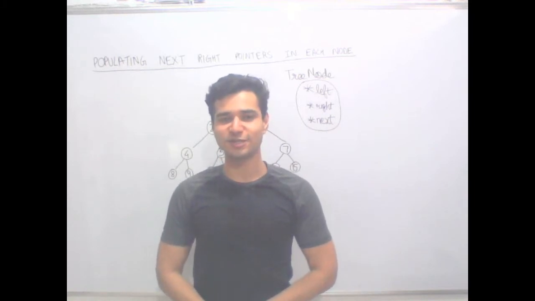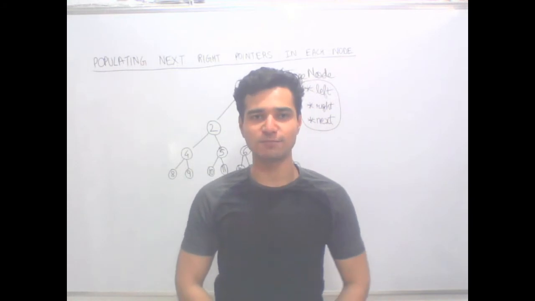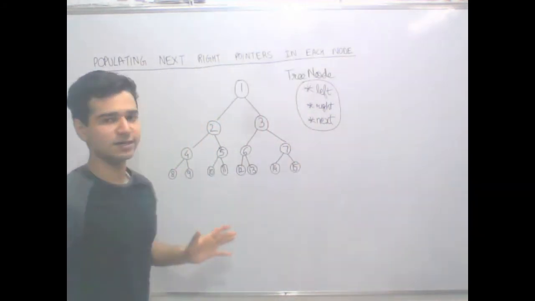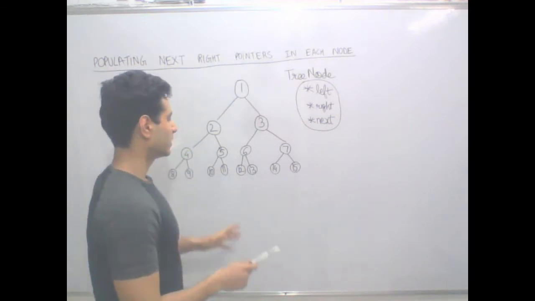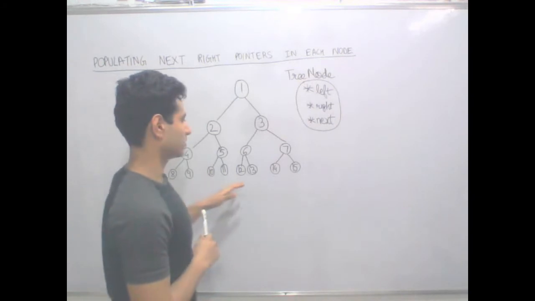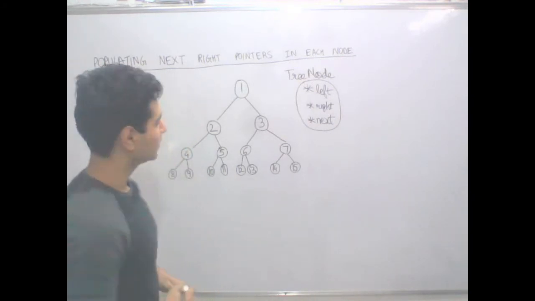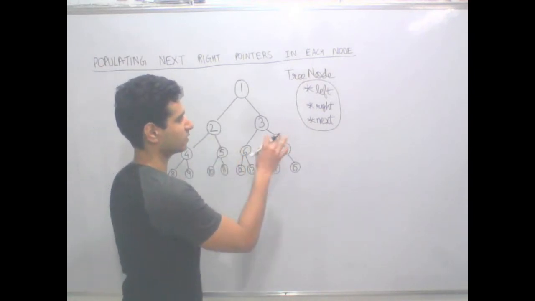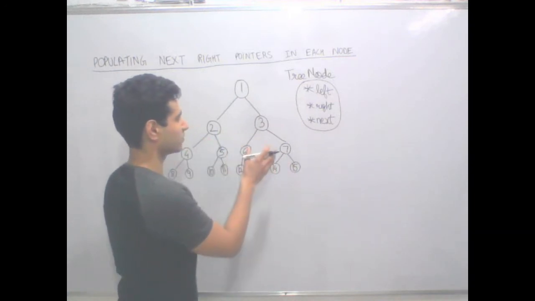My name is Ankur Haritosh and today we will be doing a problem called populating next right pointers in each node. So we are given a perfect binary tree where all the nodes are filled, right? So only the last level nodes have zero children. What we have to do is, for each node, find the next pointer, the next node in its level order traversal.